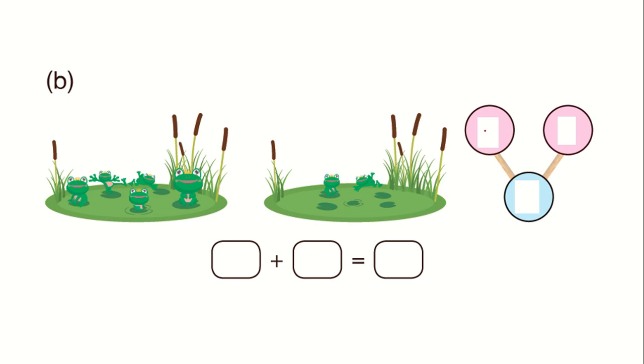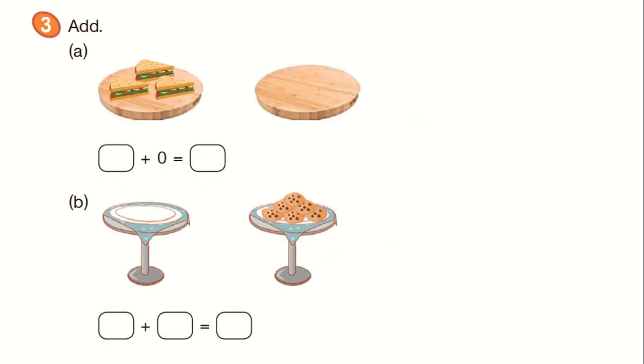So here we have got 5. And what about here? 1, 2. We have 2. Let's count on. This is 5, 6, and 7. So we have got 7. Now let's make a number sentence. So we have 5 plus 2 equals 7. Very good.